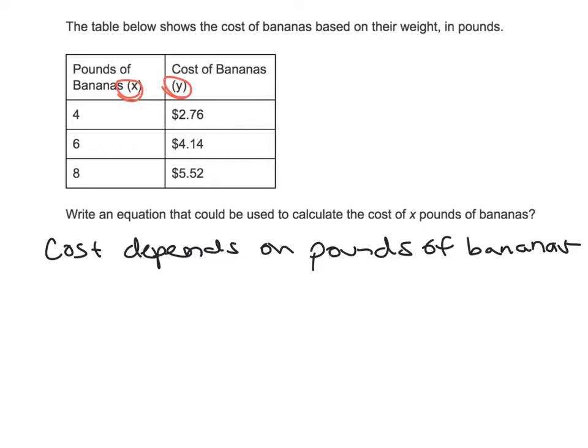So our dependent variable is the one that depends on the other variable. So in this case, the cost, or Y, is dependent, and X is independent.